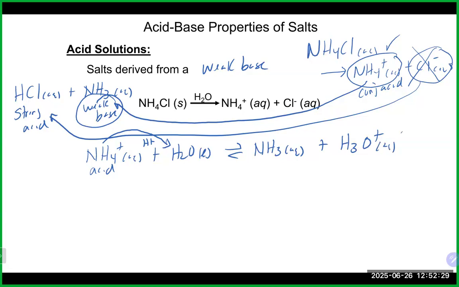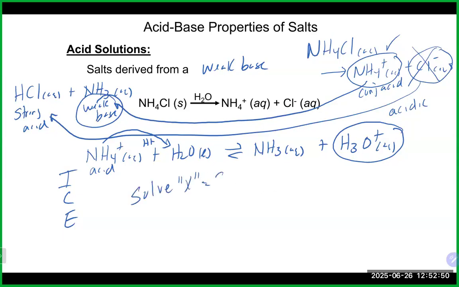And once again here, without even doing a calculation, because we are producing H3O plus, we should know that this solution should be acidic. If we wanted the pH of this solution, we would again do an ICE table, and we would solve for X. X in this case actually does equal the H3O plus, which means you can go directly into your pH equation after you do that.